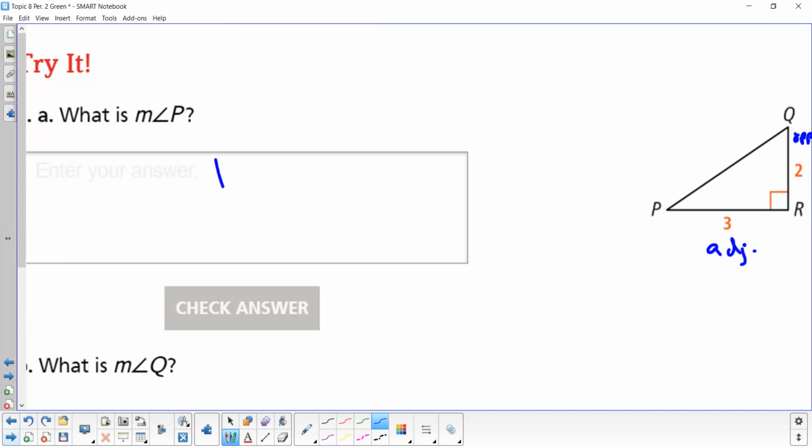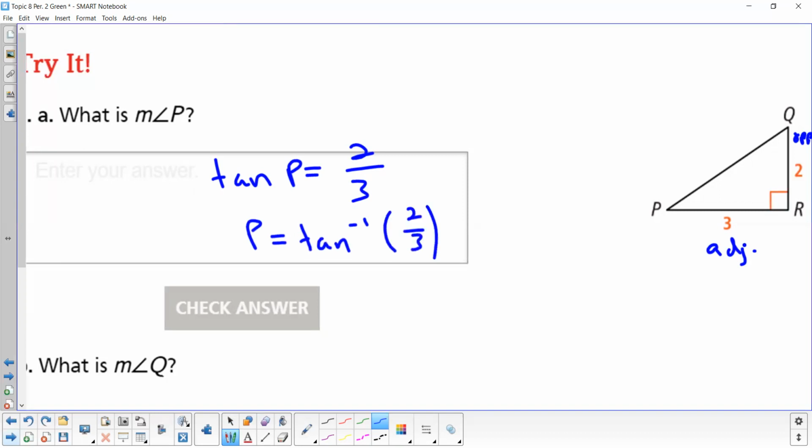So I'm gonna say that tangent of angle P equals 2/3, meaning that P is simply the inverse tangent of 2/3. Going back to what we were saying earlier, I should expect something under 45 degrees because my opposite side's less than my adjacent. So I hit inverse tangent, 2/3, and I got 33.7.